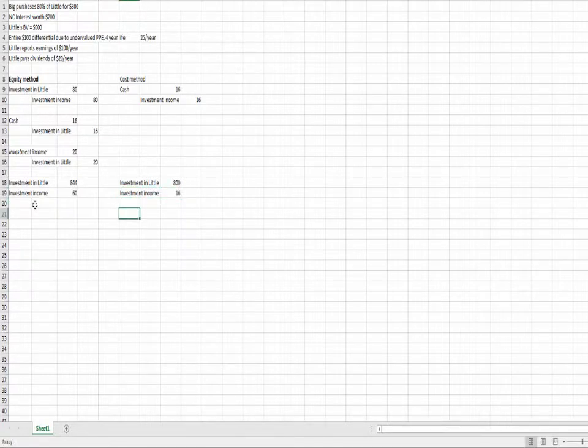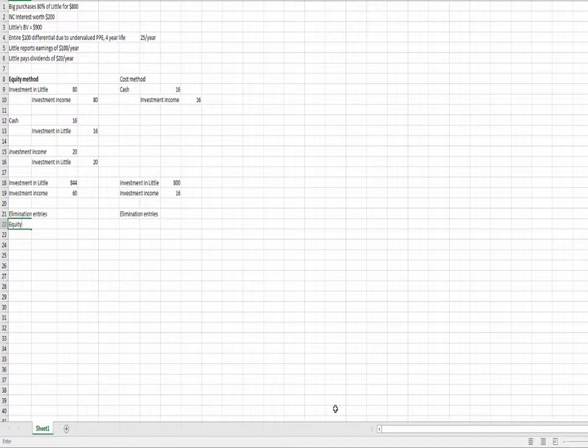Okay, let's go ahead and do our elimination entries. First we do our S entry. We eliminate the subsidiary's beginning of year equity accounts. Now, I didn't specify what their equity balances were comprised of. It simply said book value $900.